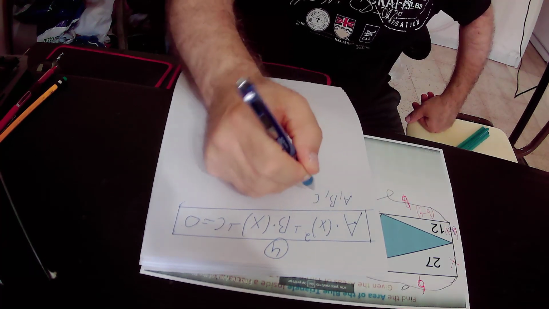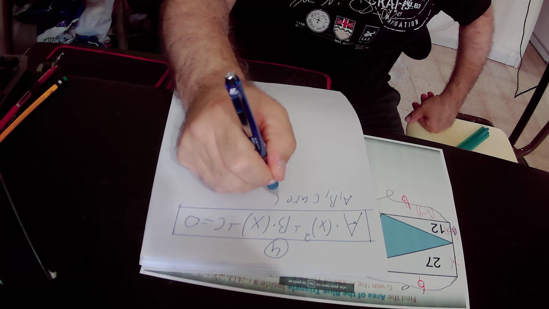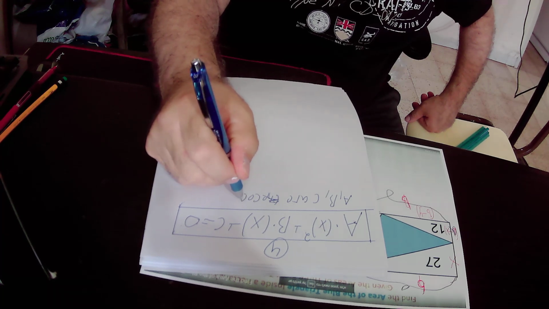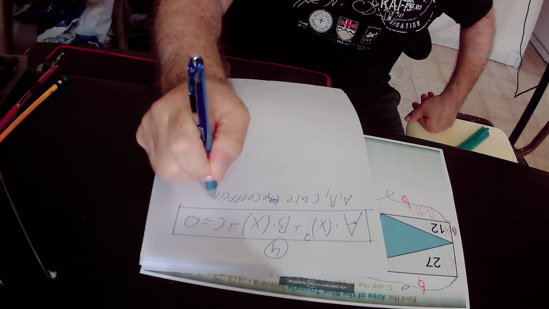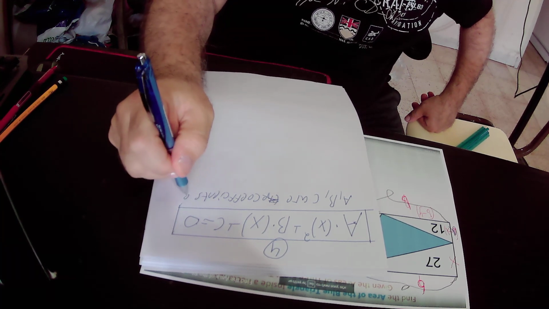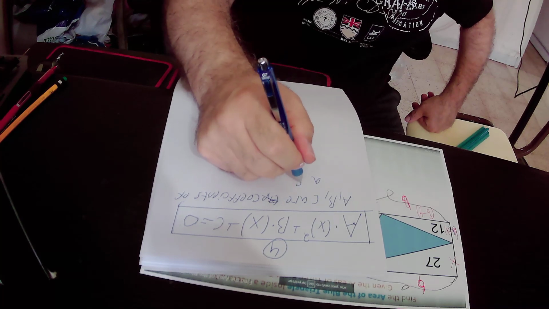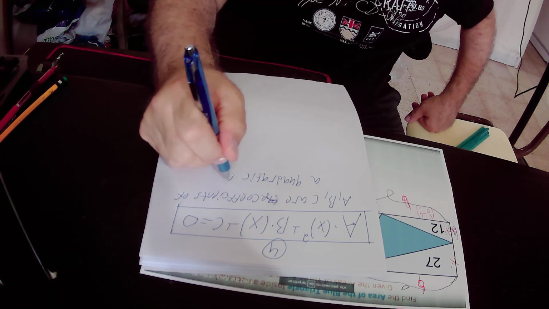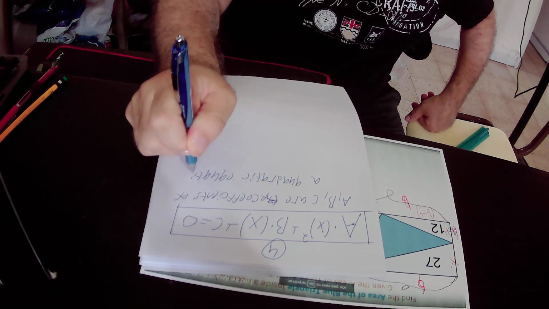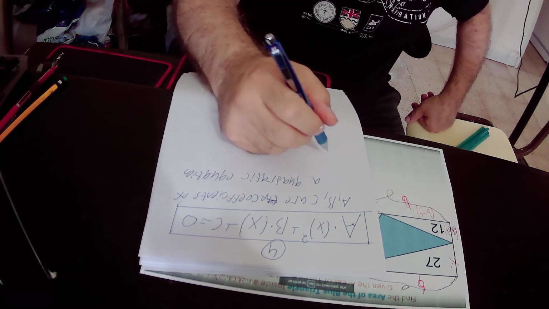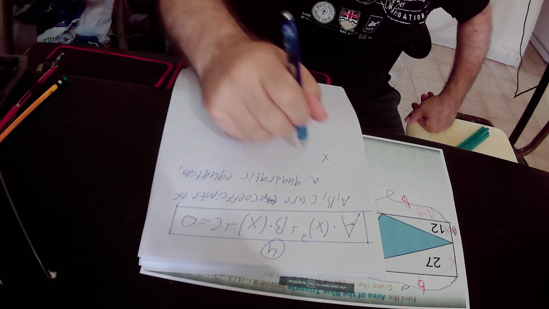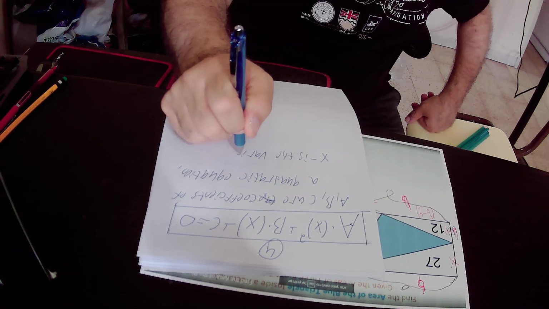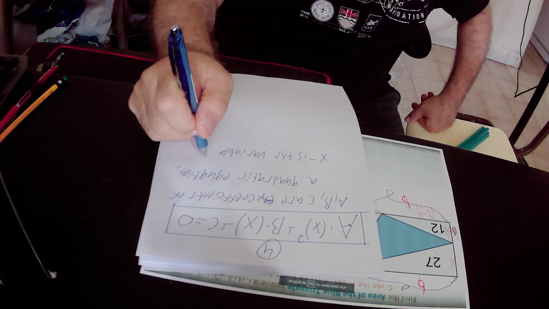A, B and C are the coefficients of a quadratic equation, and x is the variable in the quadratic equation that we are looking for.